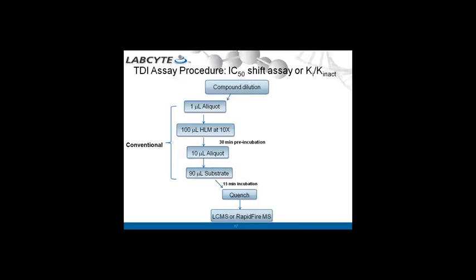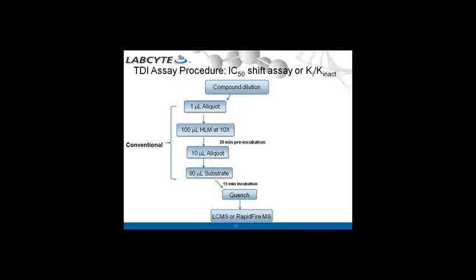Enzyme and compound are pre-incubated for 30 minutes. At the end of the 30 minutes, a 10 microliter aliquot is taken out and added to 90 microliters of substrate. Enzyme, substrate and the compound are incubated again for 15 minutes. At the end of the incubation, the reaction is quenched with acetonitrile and the plate is loaded onto the mass spec.